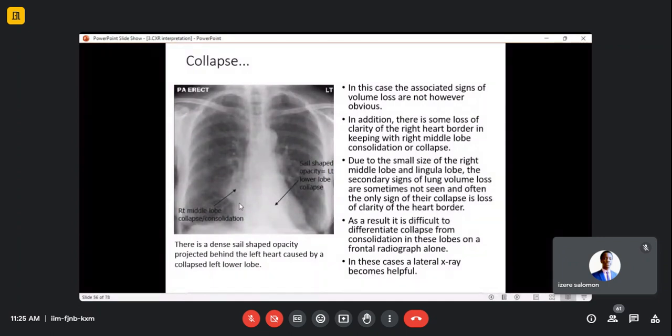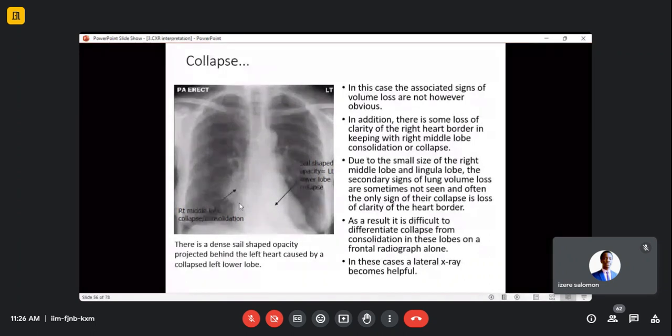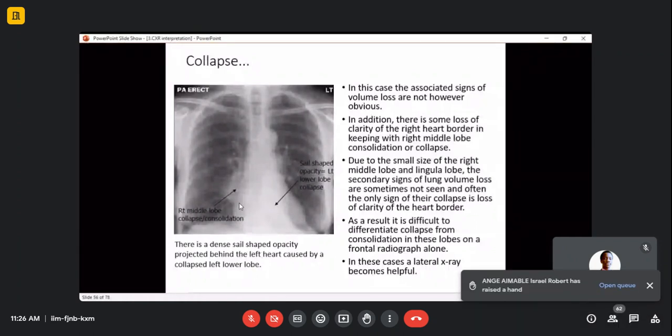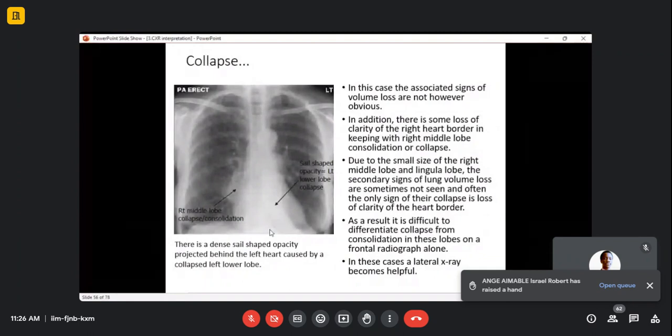I didn't get the difference between right middle lobe collapse and left lower lobe collapse. I've seen that the opacity is in the middle, which looks like a triangle, like this one. And I see the right middle lobe collapse.